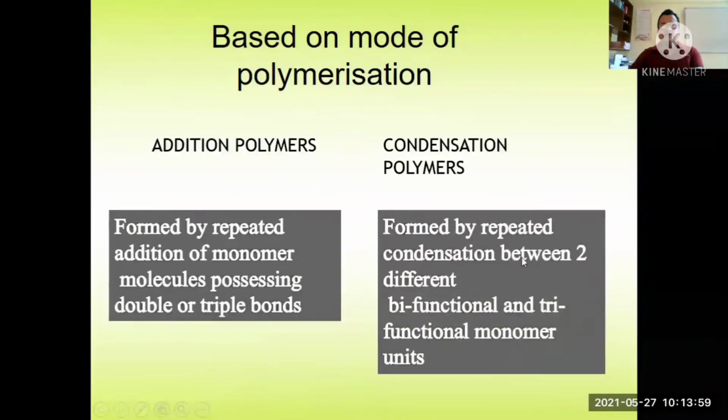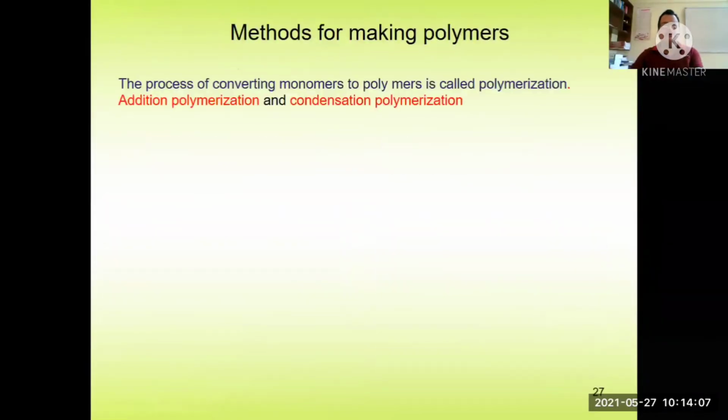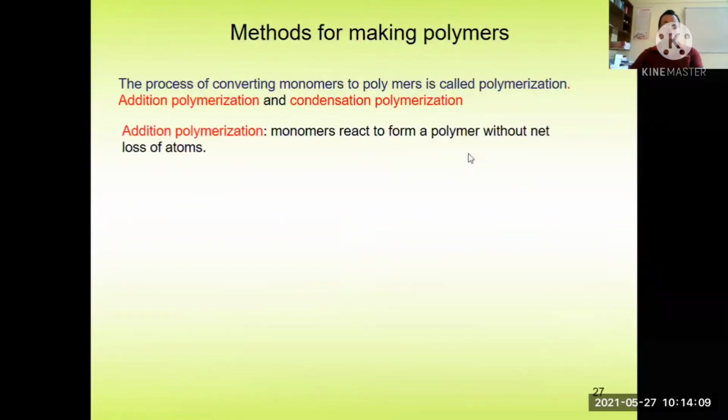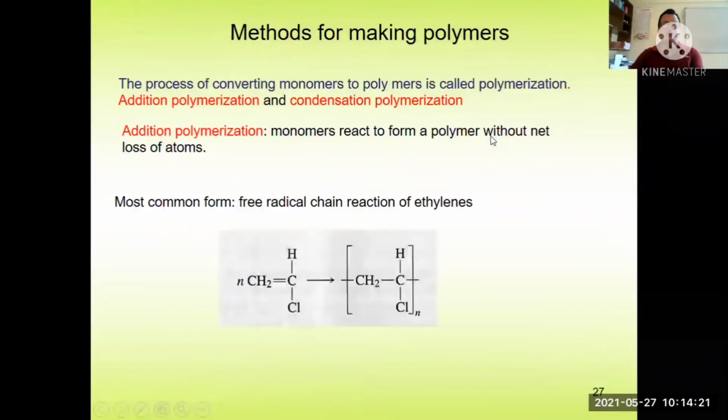It is formed by repeated condensation between two different bifunctional and trifunctional monomer units, and in this process, simple molecules like water or alcohol are lost. See, the process of converting monomer to polymer is called polymerization, and there are two types of polymerization. Addition polymerization: monomers react to form polymer without net loss of atoms.